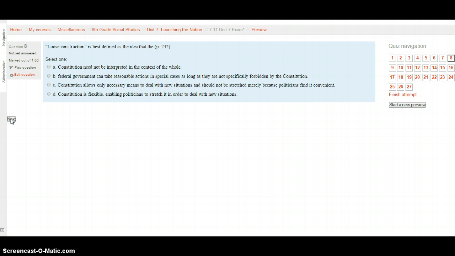C. Constitution allows only necessary means to deal with new situations and should not be stretched merely because politicians find it convenient. Or D. the Constitution is flexible, enabling politicians to stretch it in order to deal with any new situations. So go to page 242 for the definition of loose construction. Whenever you're ready, go ahead and hit that Next button.